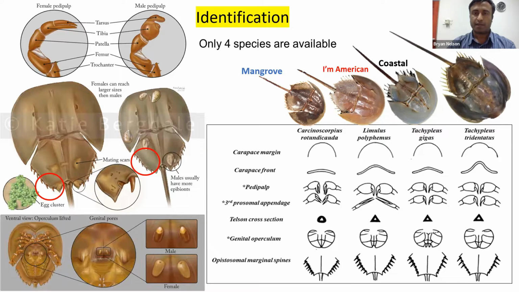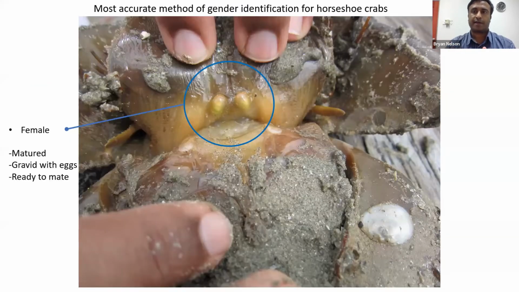Based on this experience, I'll share a picture. This is how I teach people who want to learn about horseshoe crabs. We do not rely entirely on the appendages, because supposing they got damaged or there's net capture, that will be a big problem.